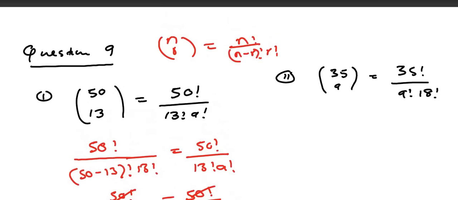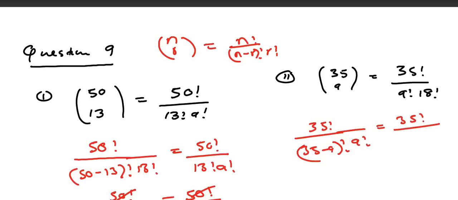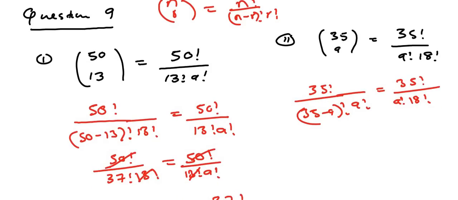The same will be done for the second case. Now we are going to have 35 factorial over 35 minus a factorial and a factorial. This is equal to 35 factorial over a factorial and 18 factorial. We already have 35 and 35, a factorial and a factorial, 18 and this. So we're just going to say 35 minus a is equal to 18.